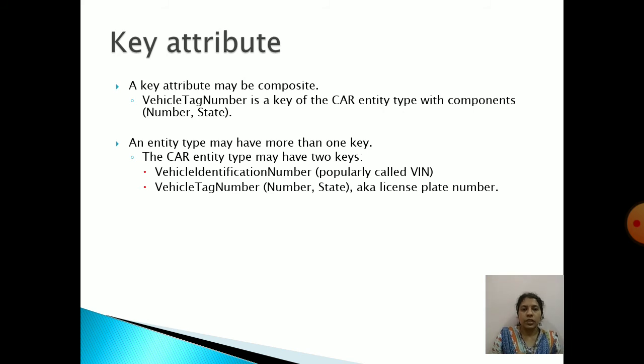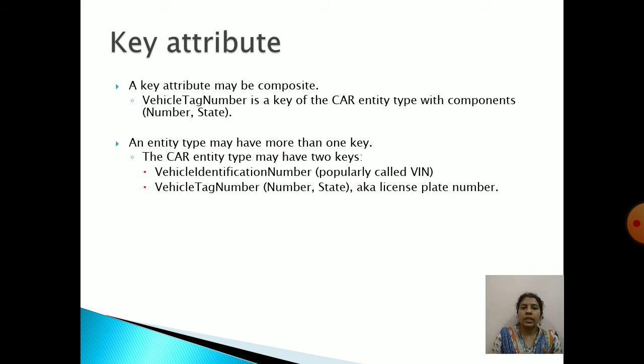Using this number and the state, I can have a unique value, so I can get a key. So I need to combine state and number. If I just use state, then it is not possible. If I just use number, in two different states I can have the same number for the vehicle. That's why I need to combine the number and the state to form a key attribute.